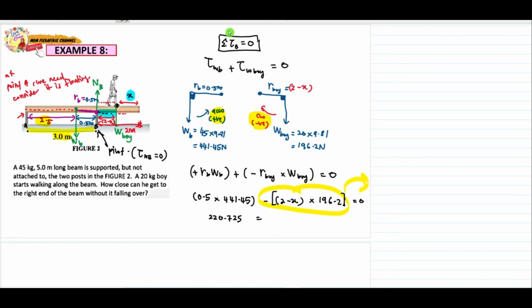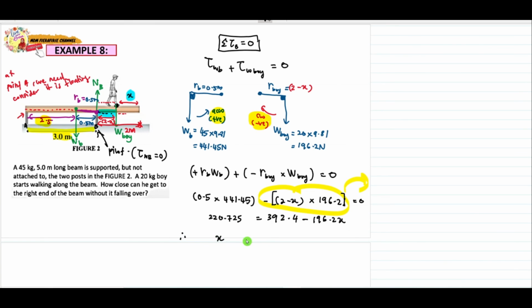kita bawa semua ni to the other side. Kita positifkan dia. So dah akan jadi 2 times 196.2 and X times 196.2. Dah akan jadi 392.4. Ni negatif, bawa pergi sebelah jadi positif. Negatif, negatif, positif, bawa pergi sebelah akan jadi negatif 196.2x.